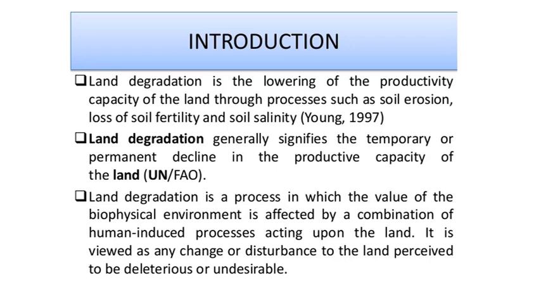I am saying the main driver for land degradation is ultimately humans. Because, for example, climate change is also one of the factors for land degradation, and we have kept climate change under natural conditions. But the driver for climate change is ultimately humans.